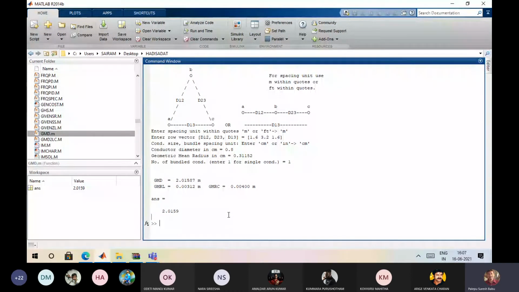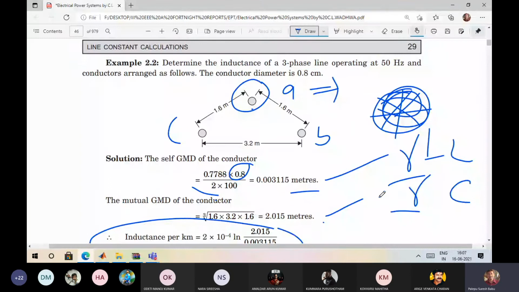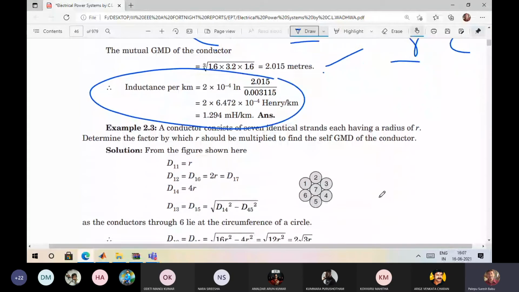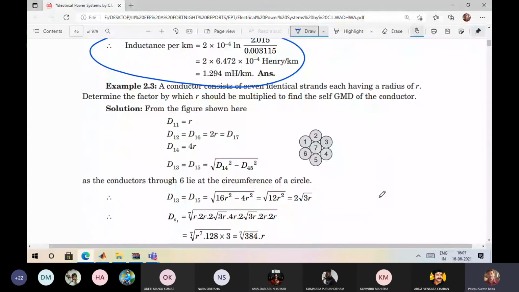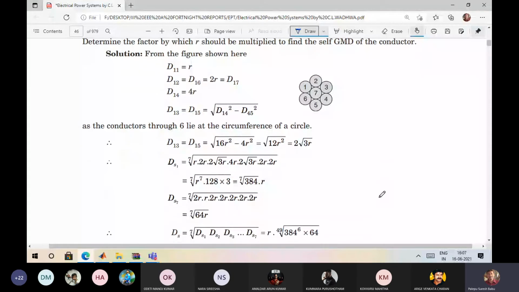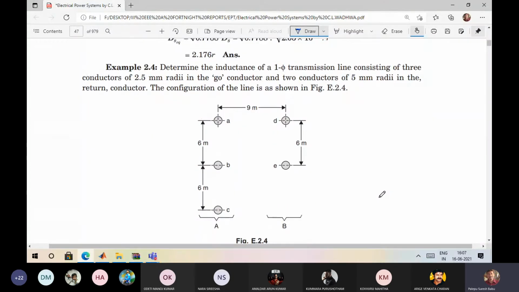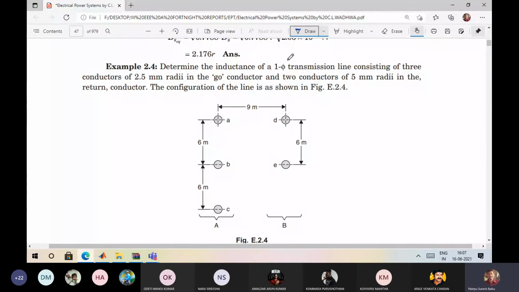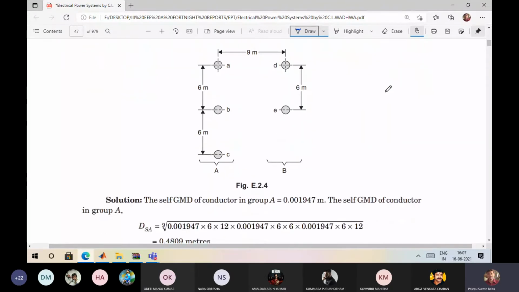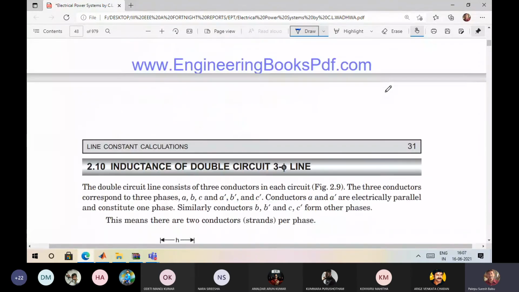Similarly, the remaining is the double circuit line, or double circuit line with bundling effect, which we'll see in the next problem. This is a different type of problem. This is not a GMD problem, this is a GMR problem. Here it is a single phase line, not three phase and not a double circuit line.